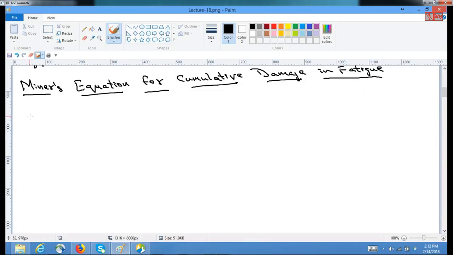So for the cumulative damage, we have to calculate what is the damage done by the first level, second level, and so on at different levels. So first we have to define the cumulative damage.